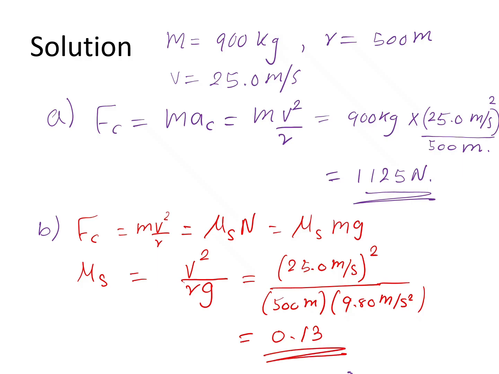The minimum coefficient of static friction is 0.13. If the available static friction is less than this, the tires cannot provide enough inward force and the car will skid outward from the curve.